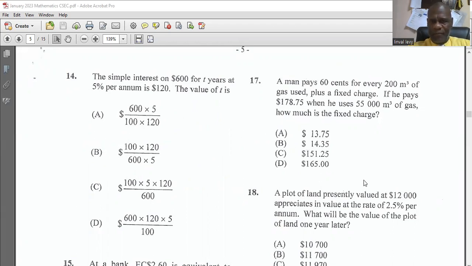Just a sec. Okay, let's look at number 15.